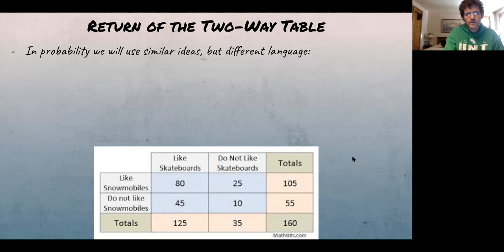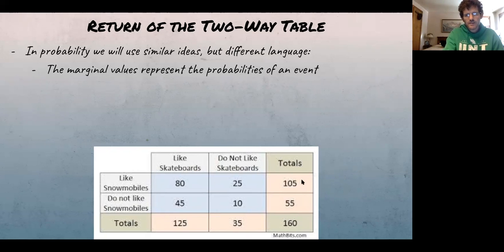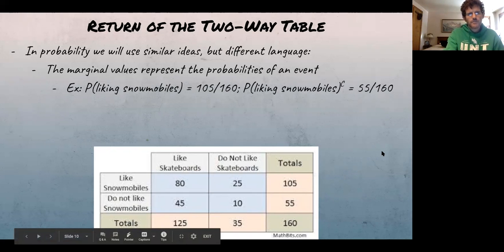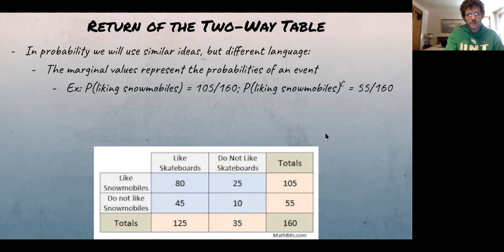So we're going to use similar ideas from what we learned already about two-way tables. We're now going to think of these as probabilities of an event. So the probability of liking snowmobiles is going to be the marginal totals. So I'm going to skip all the way over here.